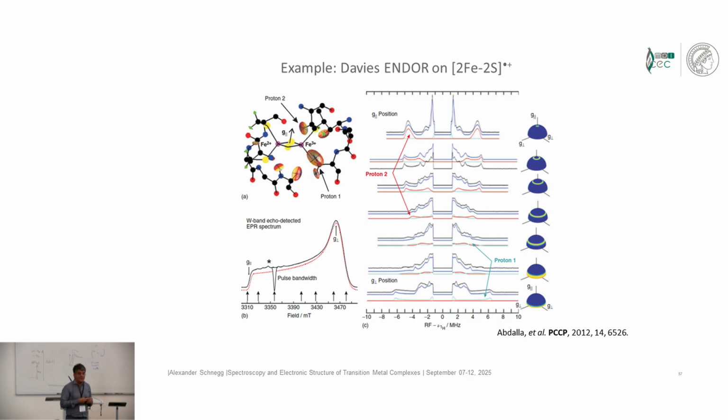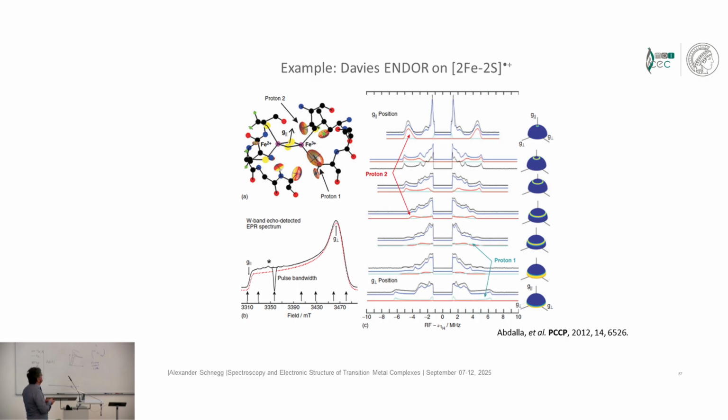In this case of this Higgs-aquo complex which I have shown, the copper hyperfine and the g tensor are pretty collinear, but in most cases, like for example here, this is an iron-sulfur cluster, and here is, I think, a proton with its hyperfine tensor. Why should it be collinear with the g tensor? But you can determine the relative orientation of this tensor if you are doing so-called site-selective experiments.